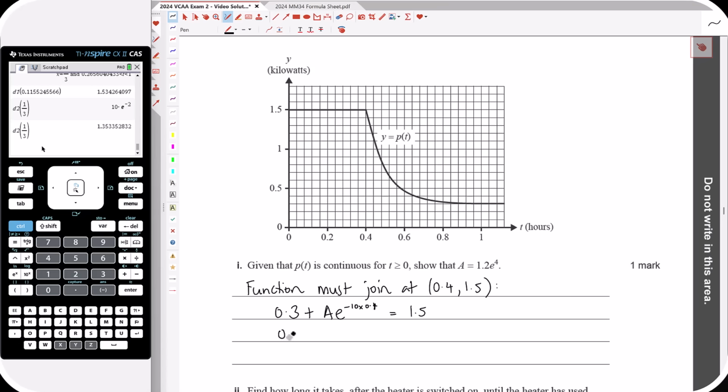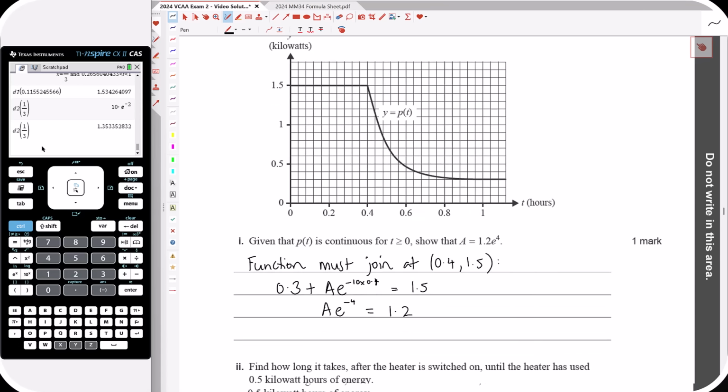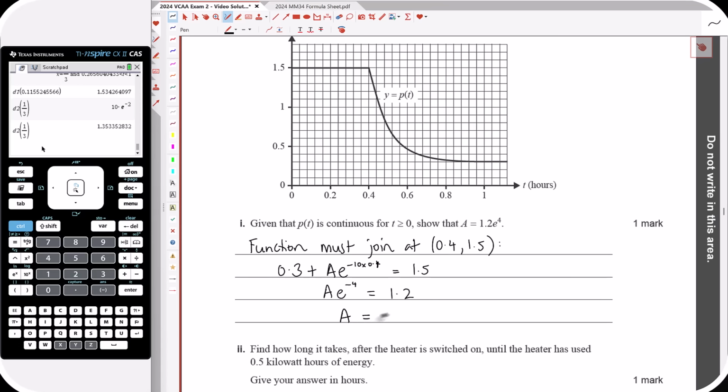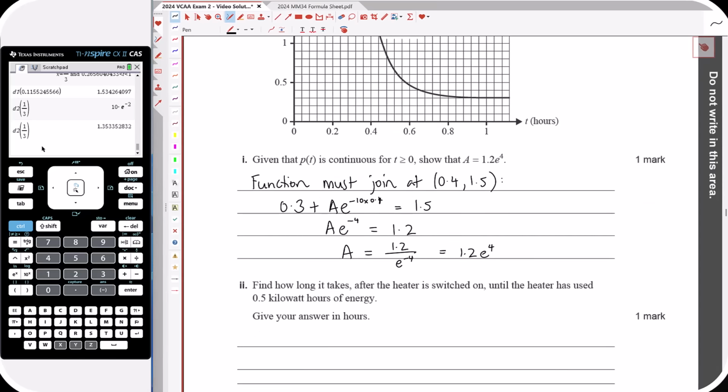So let's subtract the 0.3. So we're going to have a e to the negative 4 has to equal 1.2. And so that means a has to be 1.2 divided by e to the negative 4, which is just 1.2 e to the 4. So that's what we were asked to show.